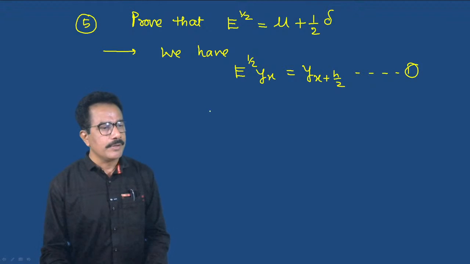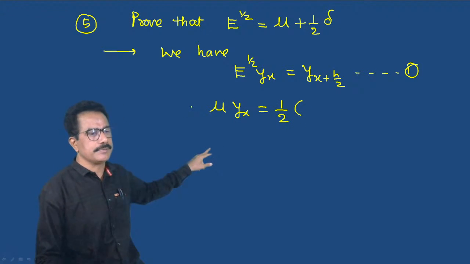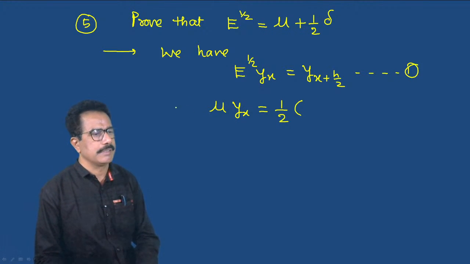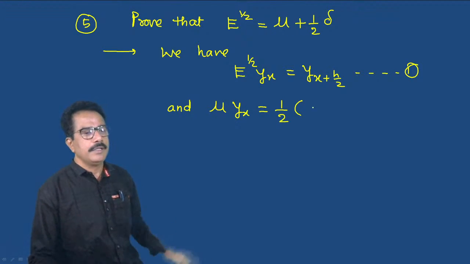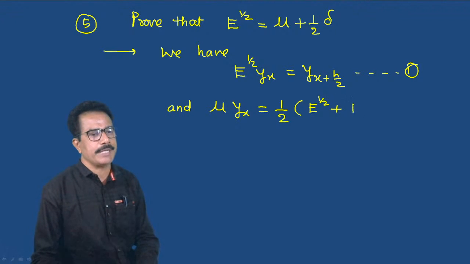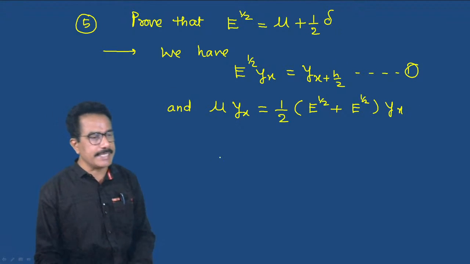Now mu of yx means 1 by 2. Mu means the average operator, and average operator e raised to 1 by 2 plus e raised to minus 1 by 2 of yx. And also we can define delta.